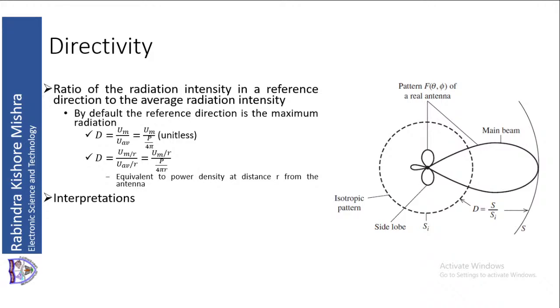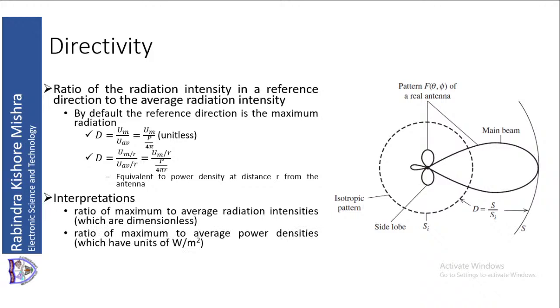Now what are the physical interpretations of this? On the physical interpretation, this gives you the ratio of maximum to average radiation intensities, which is dimensionless.